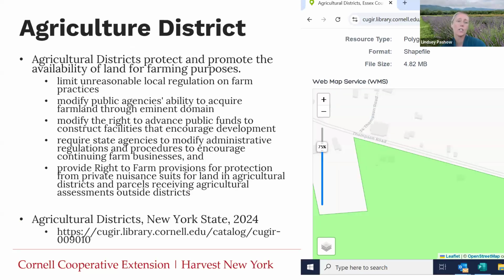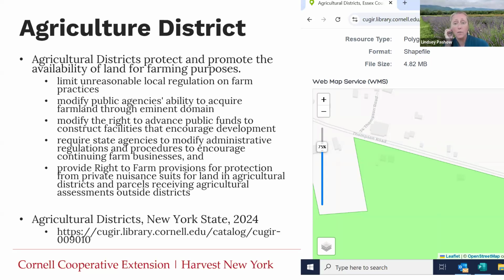Another thing to consider, something to help protect an agritourism operation, may be being in an agricultural district. You don't have to be in one. You can be outside of an agricultural district and still do agritourism. But an agricultural district protects farms and promotes the availability of land for farming purposes, so it allows that farmland is protected.